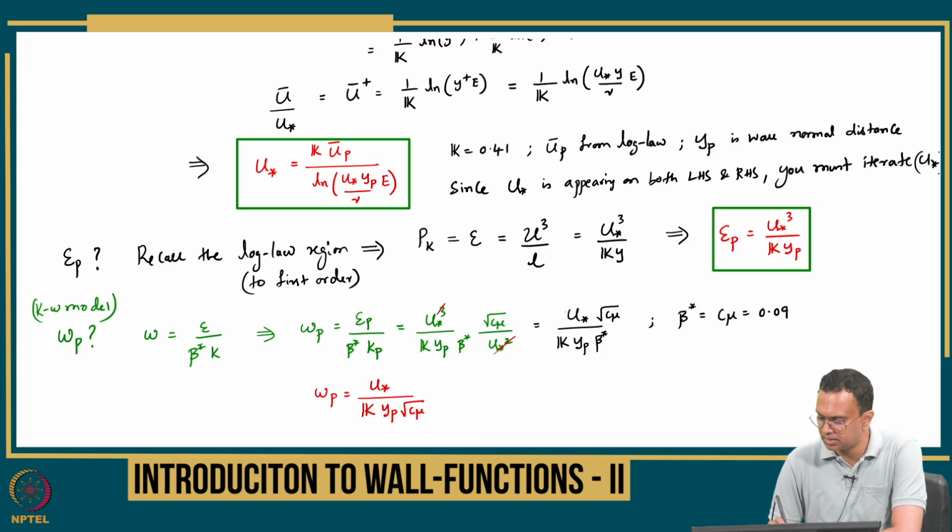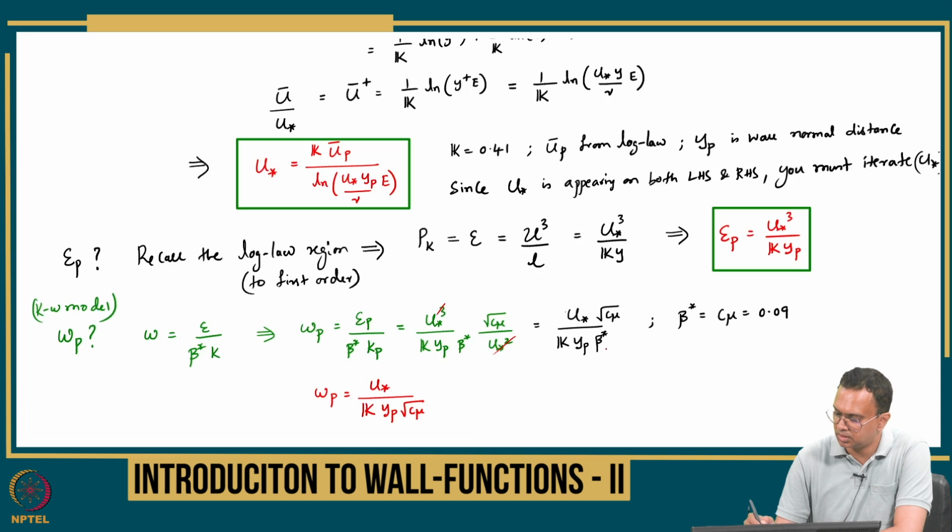Sometimes this beta star is dropped, so the formula appears slightly different. In some commercial codes I have seen this beta star is dropped. They would like to have omega p simply as a ratio of epsilon p by kp. So then it will be u star square root of c mu by kappa yp itself. Sometimes beta star is included, sometimes it's not.